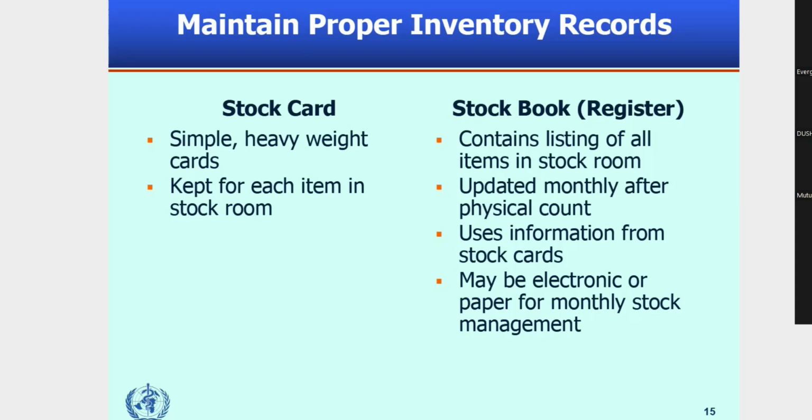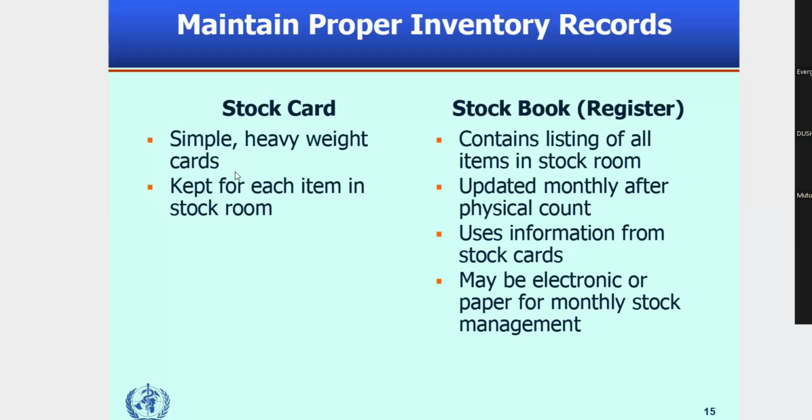You must know the unit of count of items in the stock room. This is the physical count, also called physical inventory. It also uses information from store cards, maybe electronic or paper, for monthly stock management.